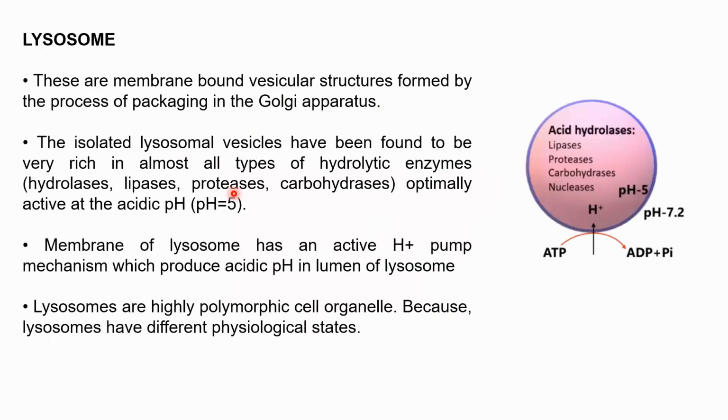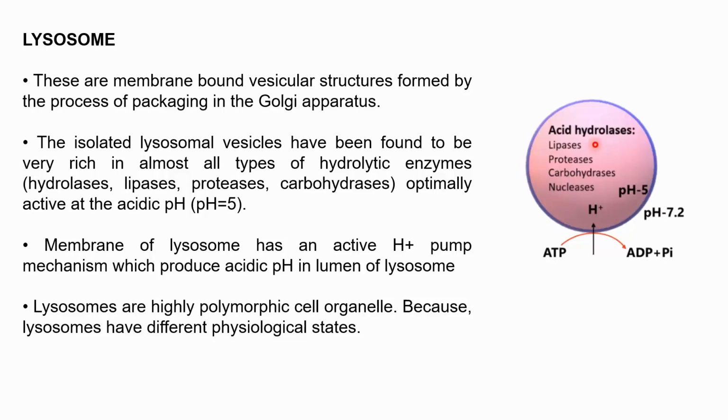The next component of the endomembrane system is lysosomes. These lysosomes are membrane-bound vesicular structures which are formed by the process of packaging in the Golgi apparatus. We can see in this diagram, which is just a representative, that in these membrane-bound structures there are many enzymes, mainly acid hydrolases.